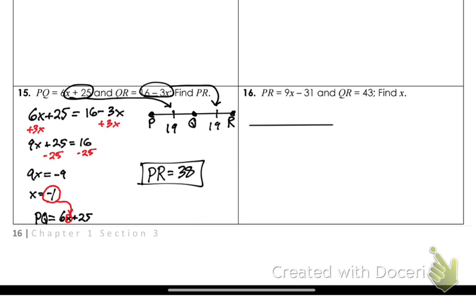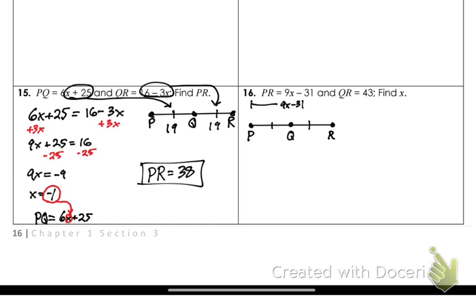Well, let's draw the line real quick. PR, whoop, that's not a P, that's a P. PR is actually the entire length where Q is our halfway point. Every other one of these gave us these two tick marks, and we had to do something with it. This one actually tells you the entire length PR equals 9x minus 31.